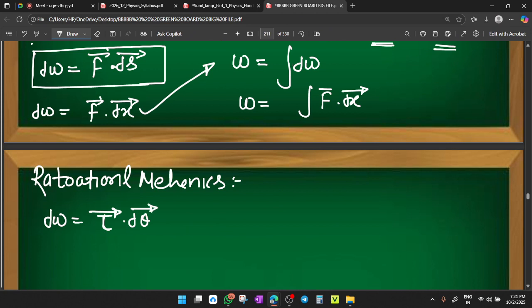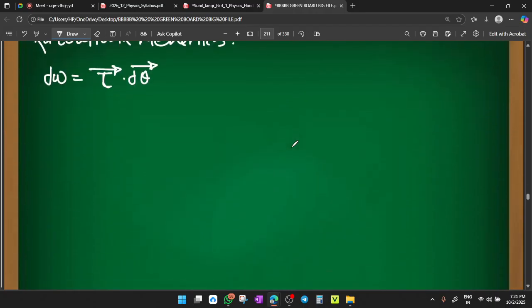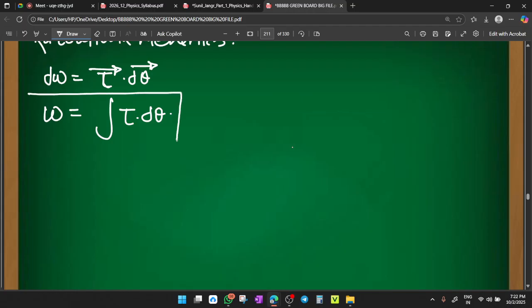Clear? In place of force there is torque, and in place of linear displacement there is angular displacement, that is d theta. So work done equals the integration of T dot d theta. Now this is the main important result that will help us calculate the work done to rotate a dipole in a magnetic field.